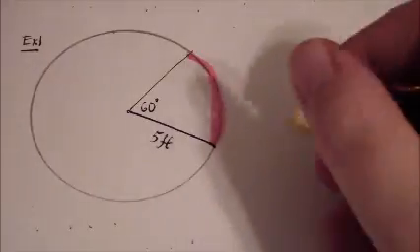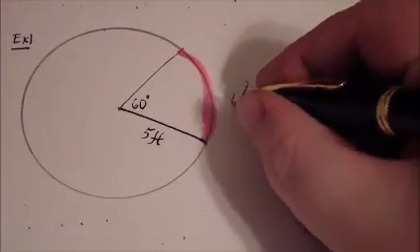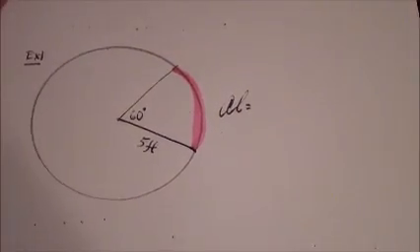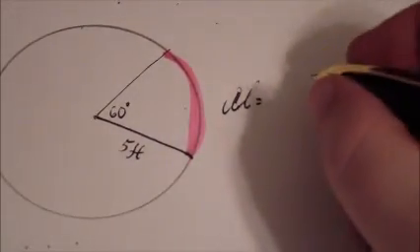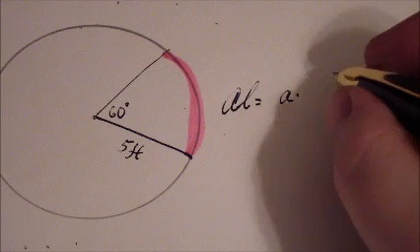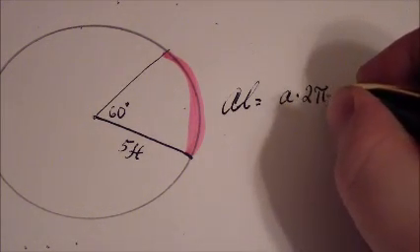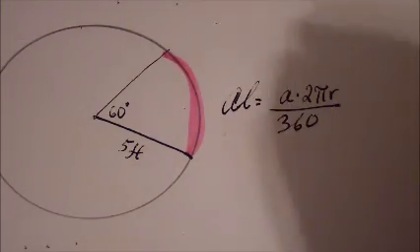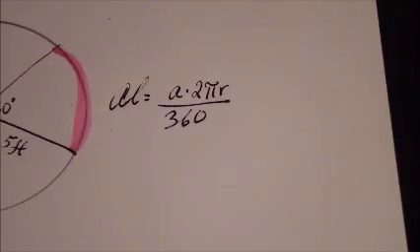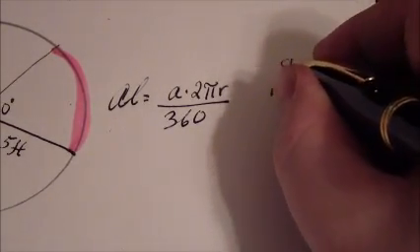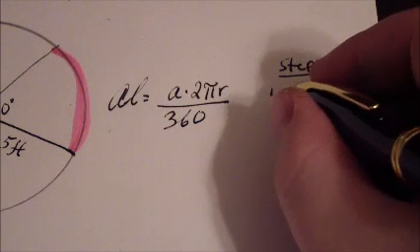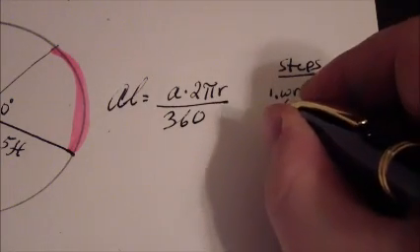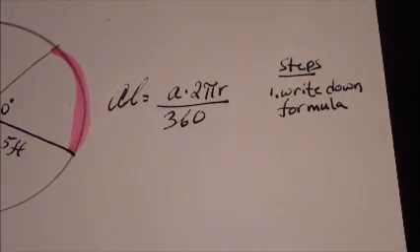So, the formula again. Arc length is equal to the angle of interest times 2 pi r all over 360. First thing we want to do, step 1: write down the formula.